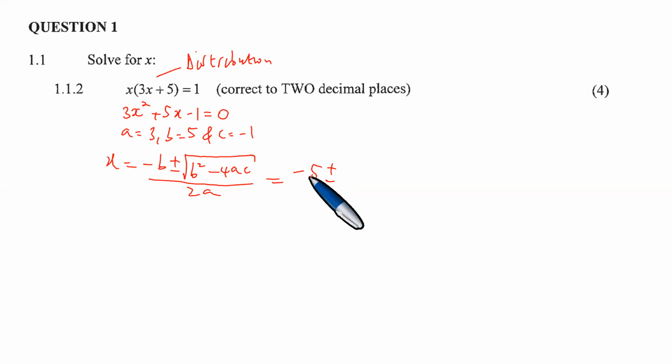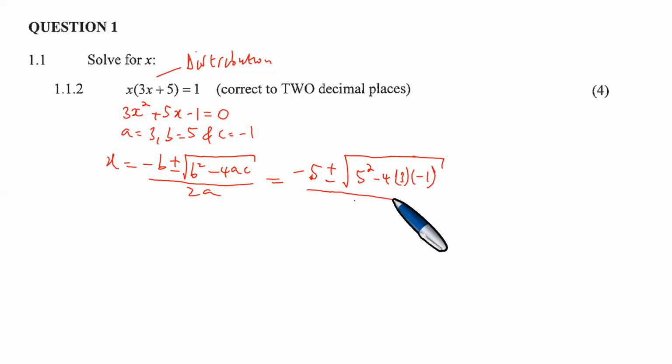Right, plus or minus the square root. The b squared is going to be 5 squared minus 4, the a is 3, and the c is minus 1. You put a close square root. And this is exactly twice a, and a is 3.